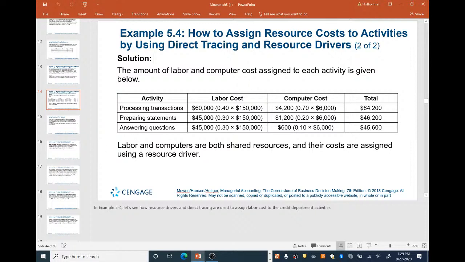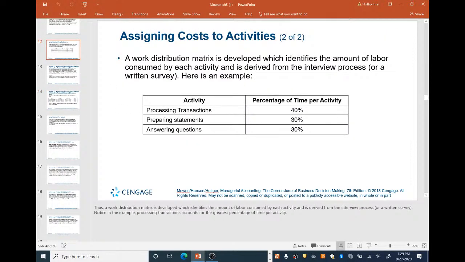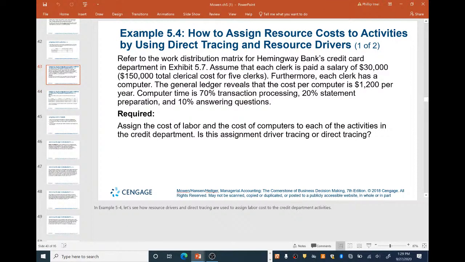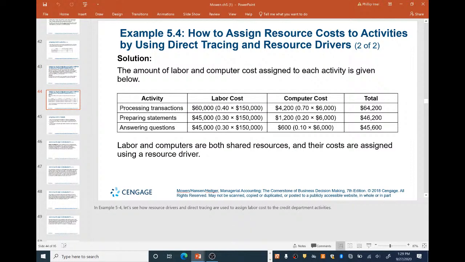Next, the preparing statements, 45,000 for labor costs. Remember the 0.3. Preparing statements, there's your 0.3. The 150, once again, 30,000 a year per clerk. There's 5 of them at 150. There's your 150. The computer cost, once again, preparing statements.